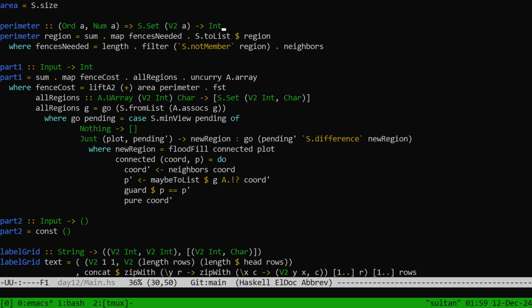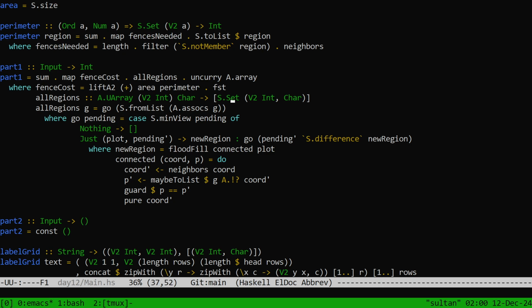Wait, is fenceCost crazy? What is... allRegions is returning a set. Map fenceCost is taking a set... So fenceCost is taking a set of... Oh, that's silly. Isn't it? No. It's getting a set of pairs of things. Oh yeah, first is crazy.